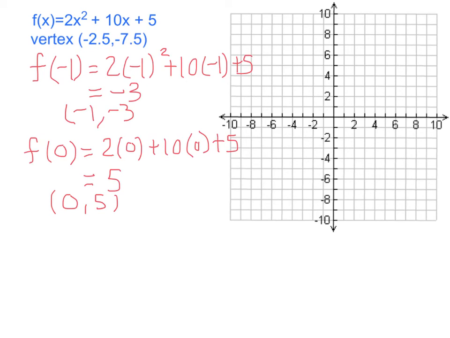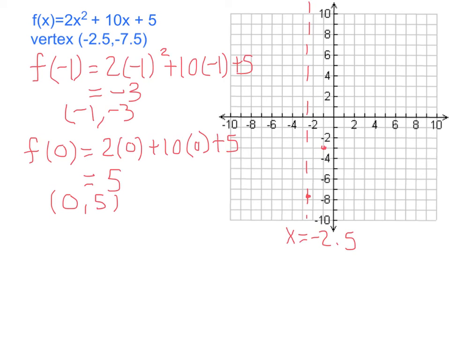My axis of symmetry is the first thing that's going to go on my graph. It's at x equals negative 2.5. Then the coordinate points for my vertex, negative 2.5, negative 7.5, and -1, -3.